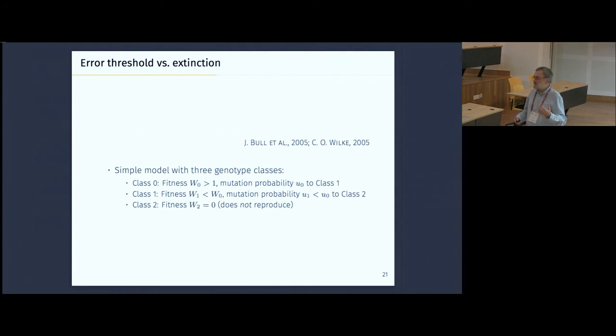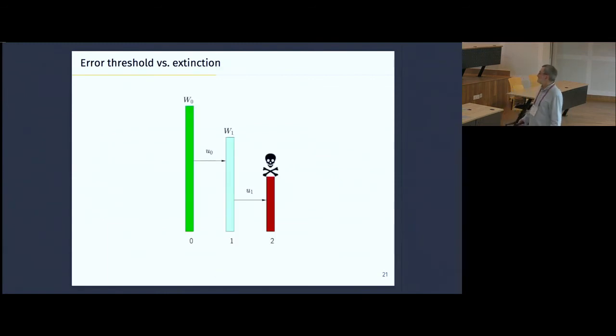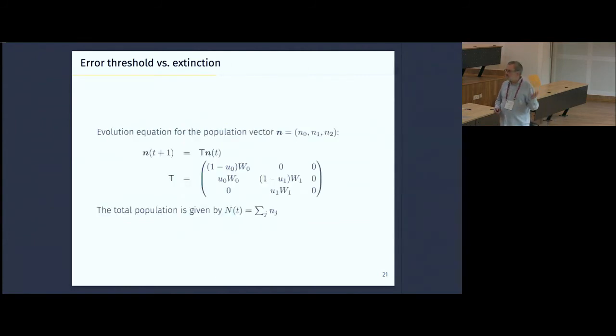Then you have a class 2, whose fitness equals 0, so it's dead. So this is the scheme: the wild type, then an intermediate type which is not so good, and then a dead one. Now you ask what is the evolution of the composition of this system.